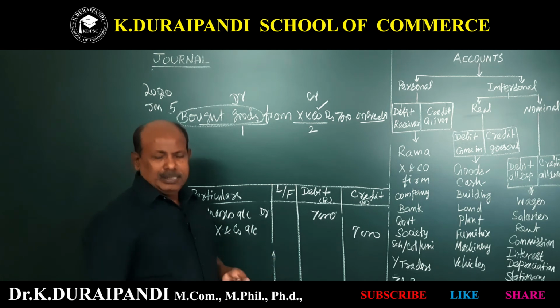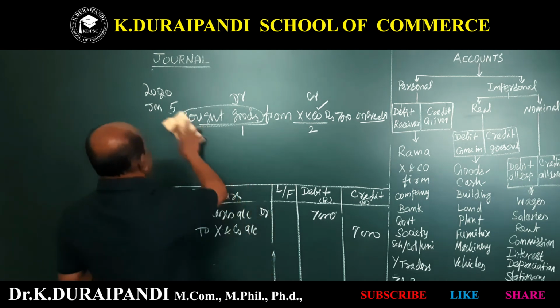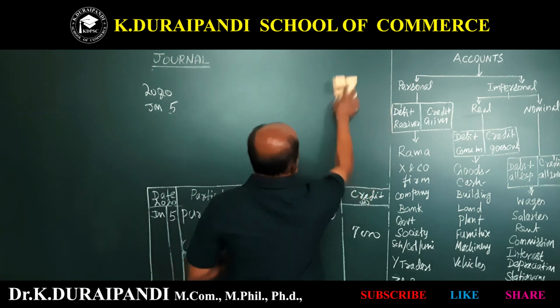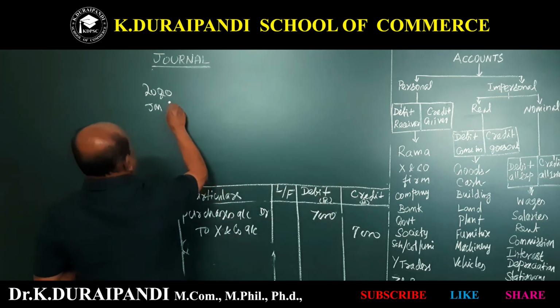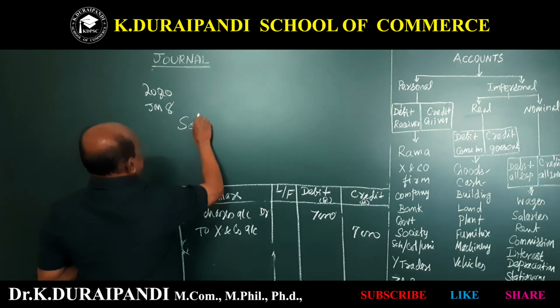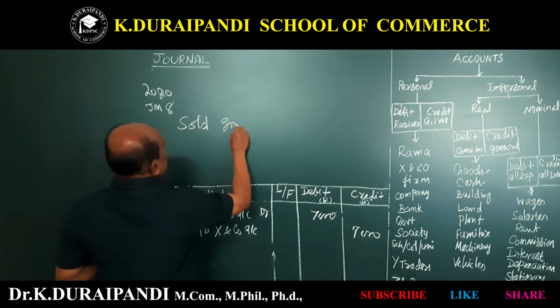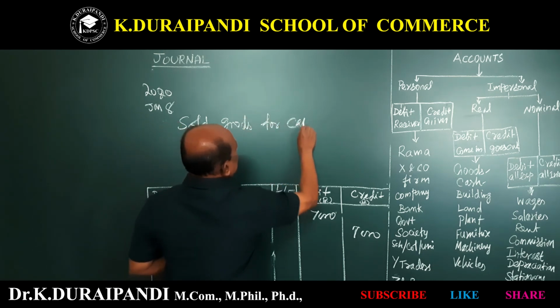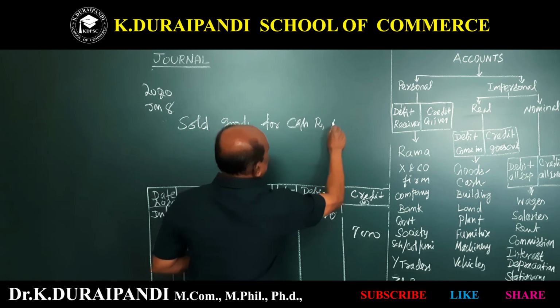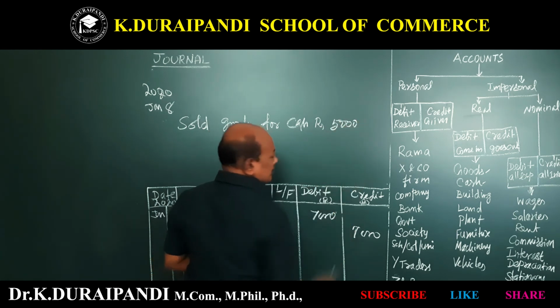Come to the next transaction. It may be of 8th. Sold goods for cash rupees 5,000.